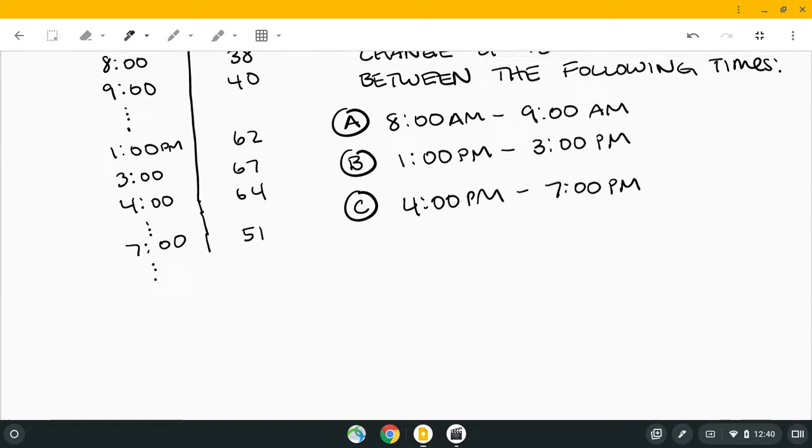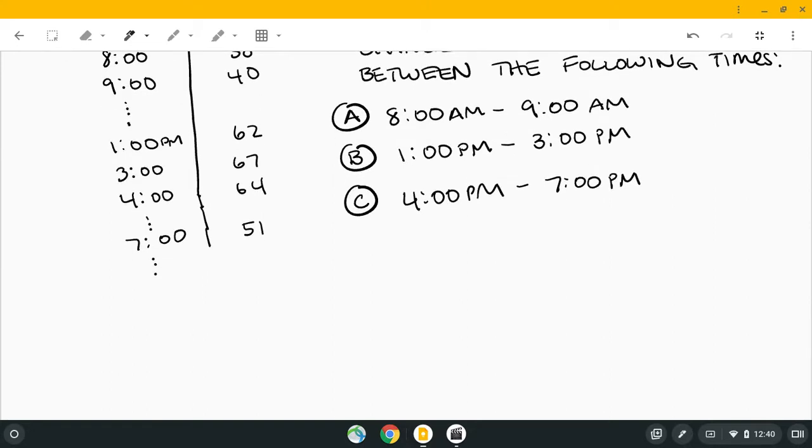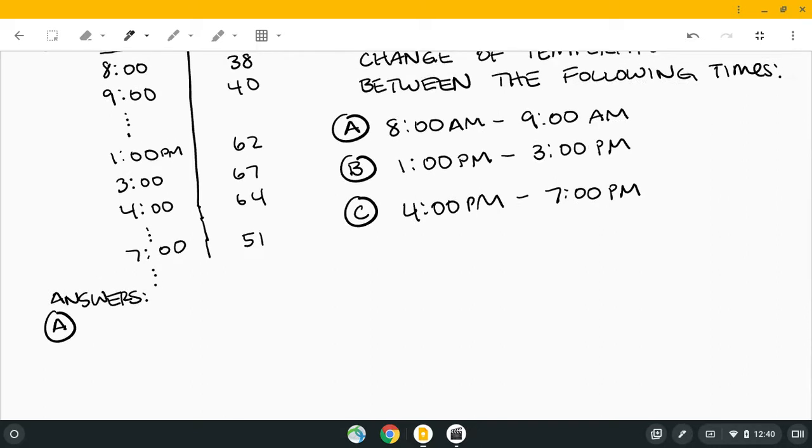Okay, so I'm going to go ahead and do letter A over here. Between 8 a.m. and 9 a.m. So that's asking you to find f of 9 minus f of 8 over 9 minus 8.